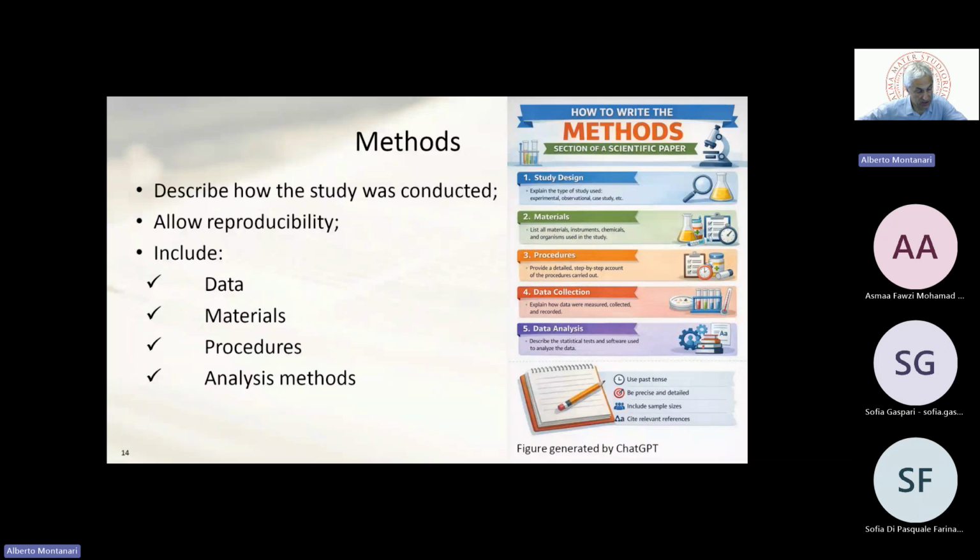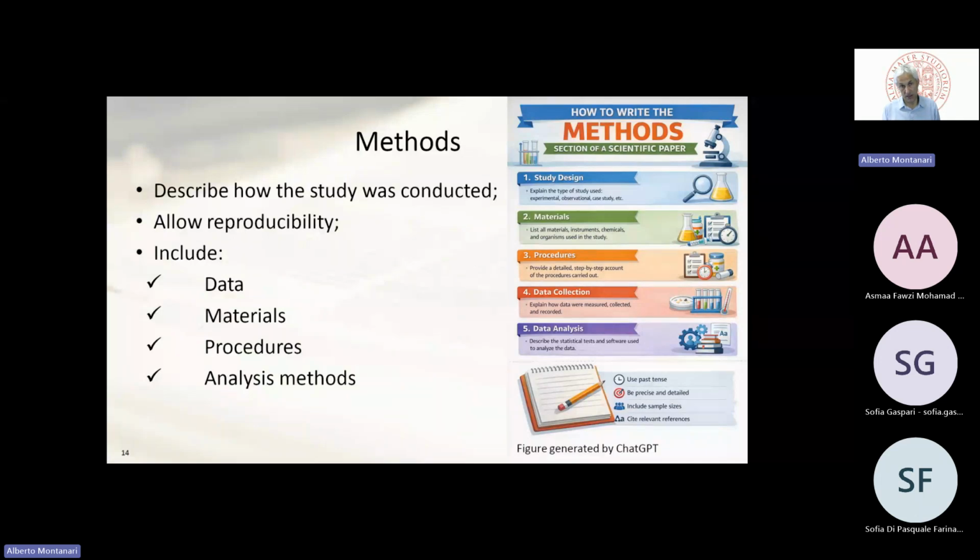And the purpose of this section is to describe how the study was carried out, allowing reproducibility. And therefore, you have to explain every step, starting from the data, the materials, the models that you may have used, going through the procedures, and also the approaches that you used for analyzing the results.